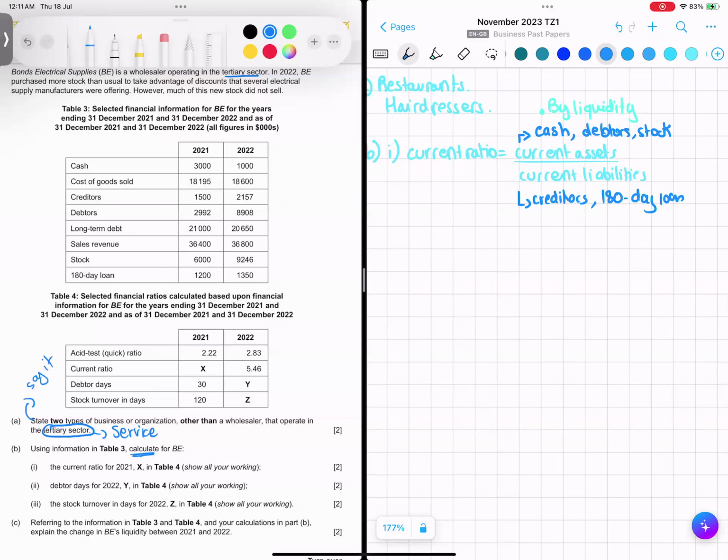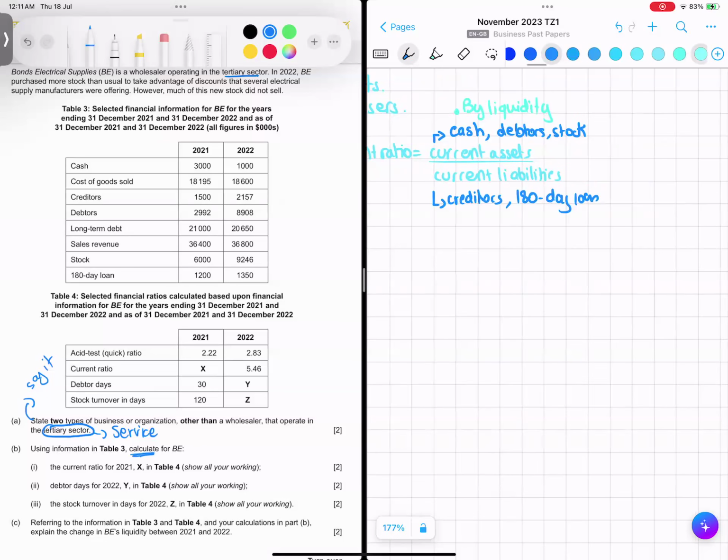They're short term, meaning that they are for less than a year. So I'm going to use even another color. Here we're going to put less than 1 year, which is the reason that the long-term loan is not a current liability. Not a current liability. Okay, so keep that in mind.